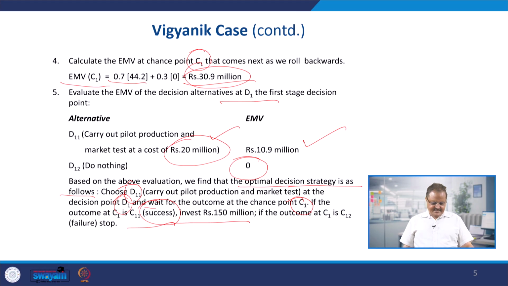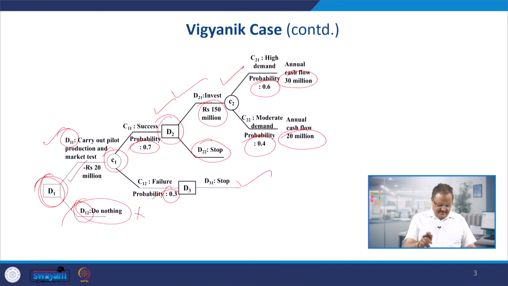So we should take a decision in favor of making this investment of 20 million and carry out the pilot production and test marketing. We are quite hopeful, up to 70%, that it will be a successful decision, meaning the decision would come out with a successful outcome.